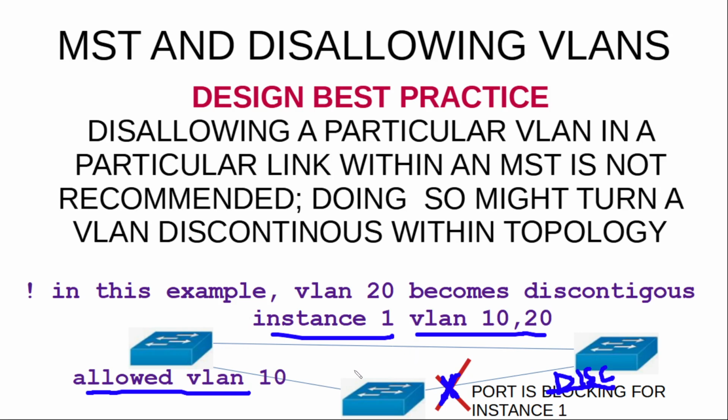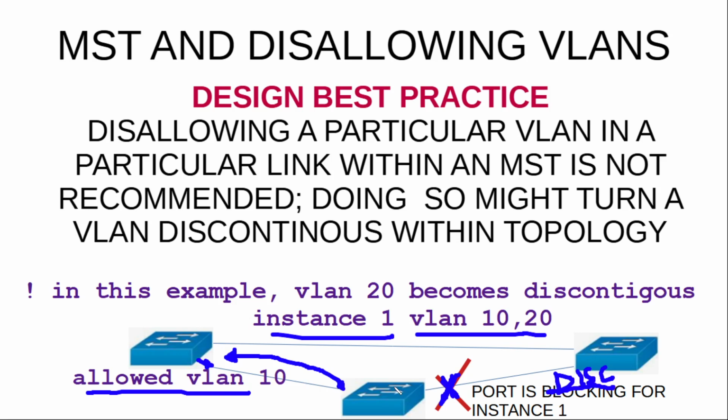So that means that VLAN 10 and VLAN 20 are going to use this link to transmit frames. But if by mistake you enter this command into this trunk port, allowed VLAN 10, you are actually crippling VLAN 20, because only VLAN 10 can transfer frames in this port.